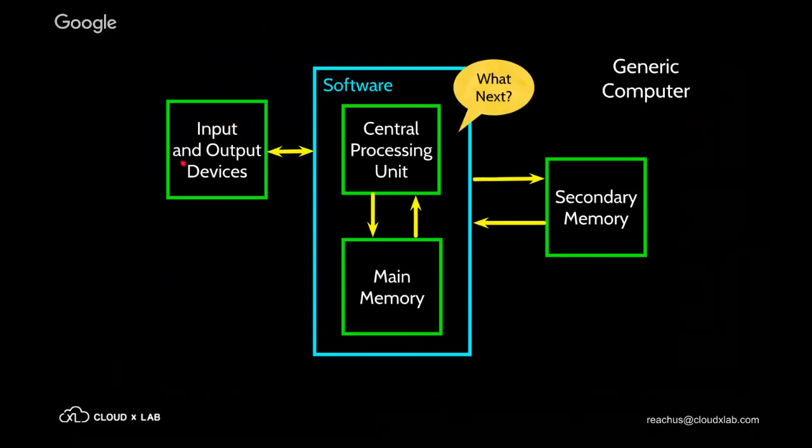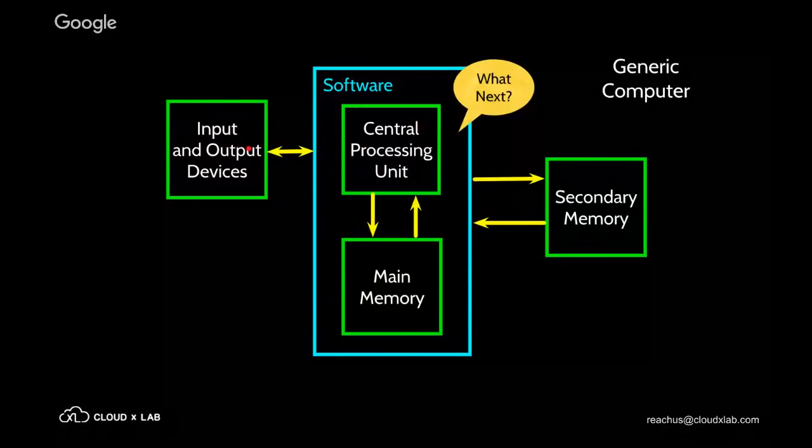So the input devices like keyboard, when we type something, the CPU should be able to read from the keyboard, as well as CPU can give output to the output devices such as monitor, printer, and so on. So this is the main idea. So what we write is we command CPU.